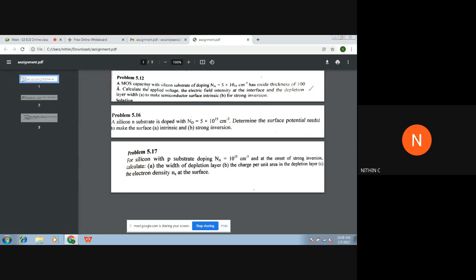We need to calculate the applied voltage, the electric field intensity at the interface, and the depletion layer width to make the semiconductor surface intrinsic, and for making it strong inversion. Write the question, and then I will explain this.